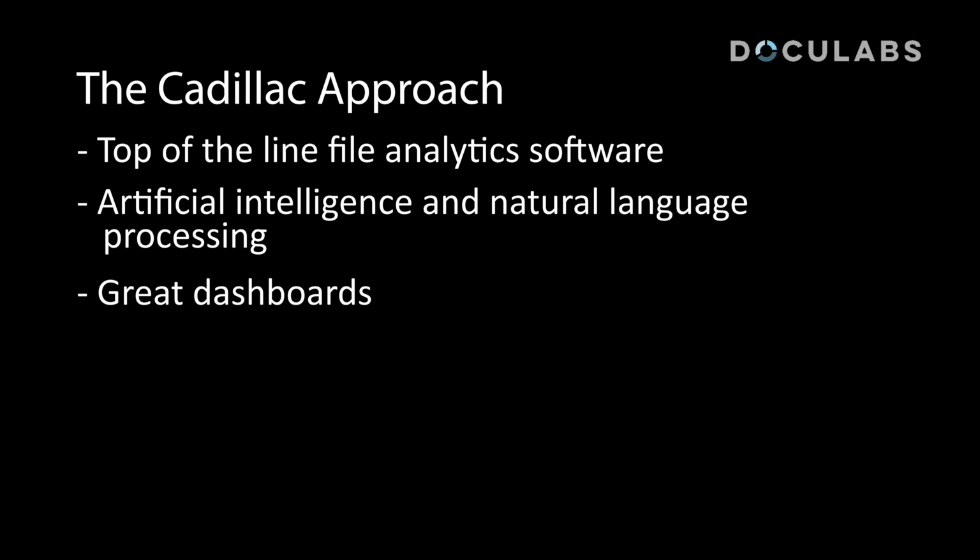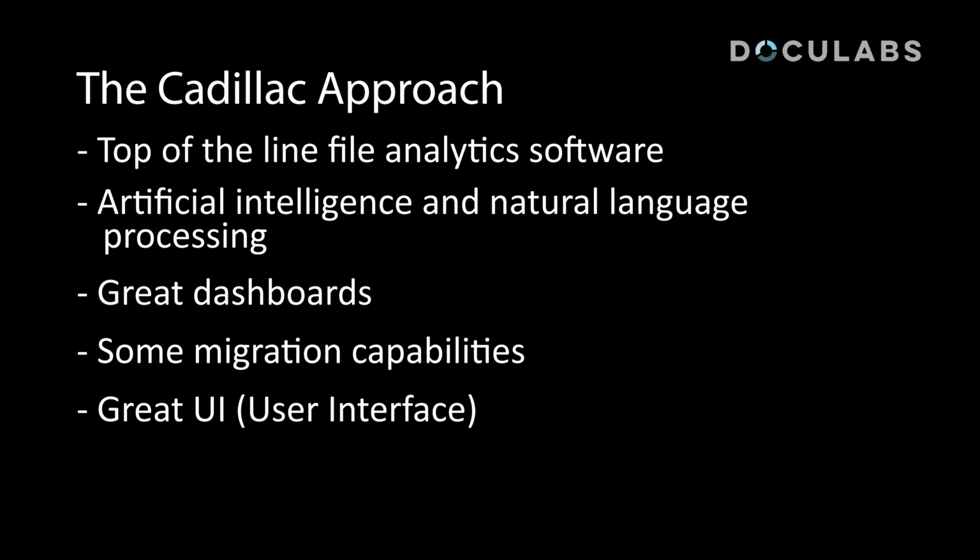It'll have great dashboards built in, and probably also some migration capabilities to take the results of that file analytics and act on it, whether that's purging it, changing its metadata, moving it, or some combination of all three. Typically, it's going to have a great UI, user interface, great user experience, and it's going to be a one-stop shop. That's the Cadillac approach.